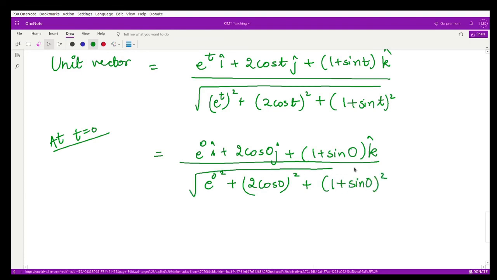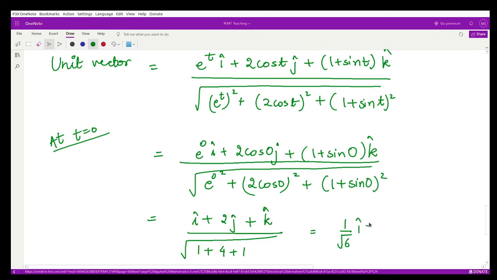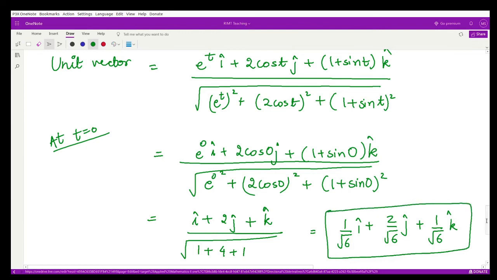So this becomes i cap plus 2 j cap plus 1 k cap divided by the square root of 1 square, that is 1, plus 2 into 1, that is 2, 2 square is 4, and then 1 square is 1. So this is equal to 1 by square root 6 i cap plus 2 by square root 6 j cap plus 1 by square root 6 k cap. This is the given direction of the tangent.